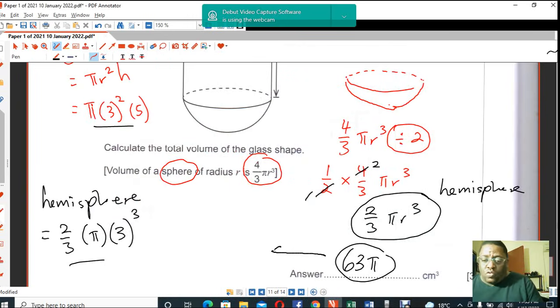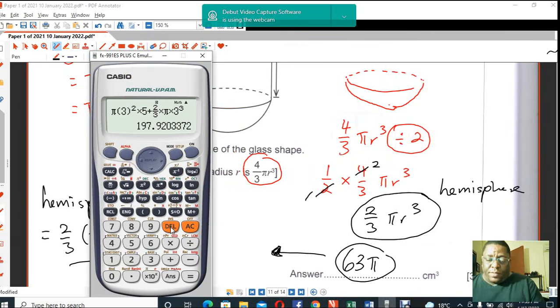But you can also leave your answer as a decimal value, which is 197.92, and so on. And nicely, it gives you 198. Can you see that? If you have to give your answer to 3 significant figures.